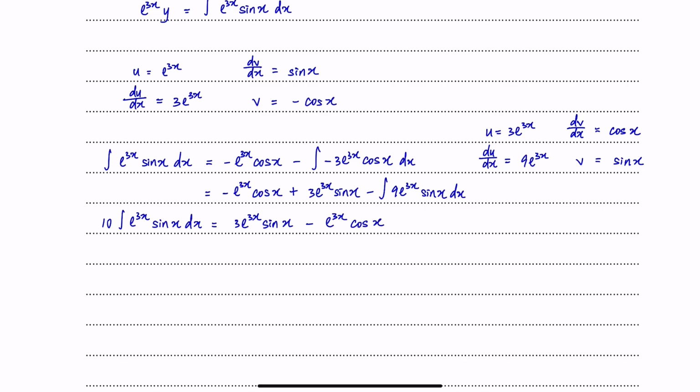And now we get the integration of this. So the integration of this is basically 1/10 times e to the 3x times (3 sine x minus cos x) plus c.